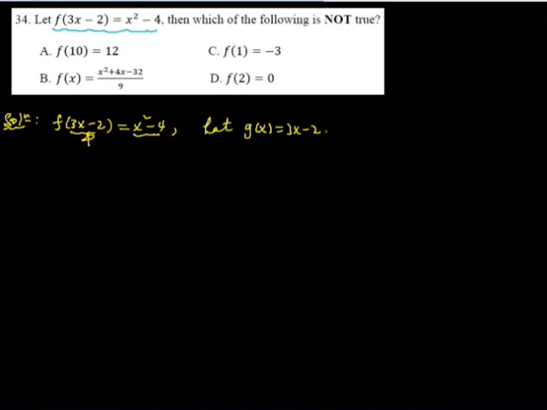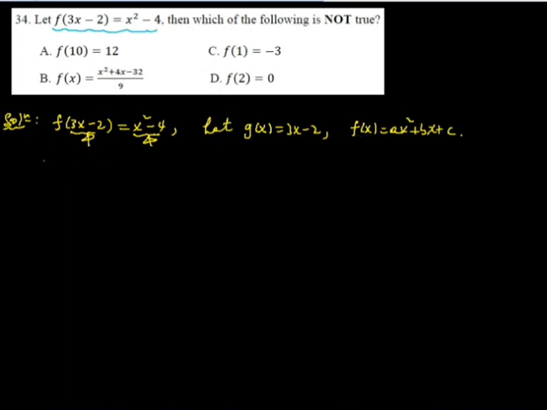So we don't know f. So our f should be quadratic. F of x should be quadratic, ax squared plus bx plus c, because the composition of linear with quadratic will give us quadratic in the given order. So we have to determine the unknown function f first.